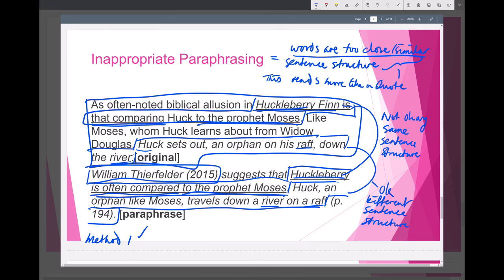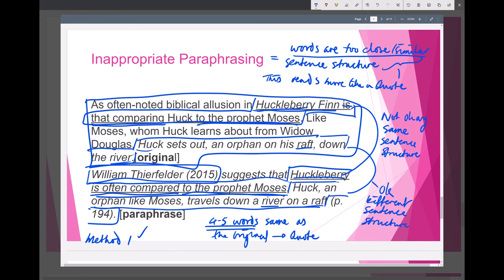So here's a general rule for you to remember. If you have anywhere from 4 to 5 words that are the same as the original, then it's a quote. Okay? So this is why changing the words is not enough.